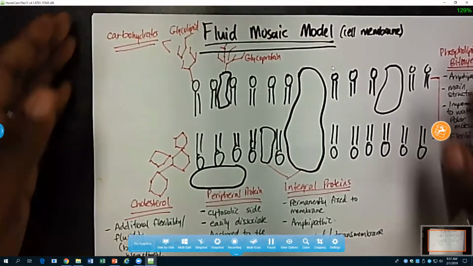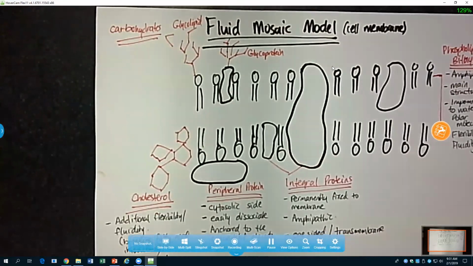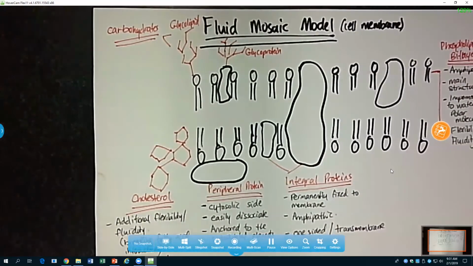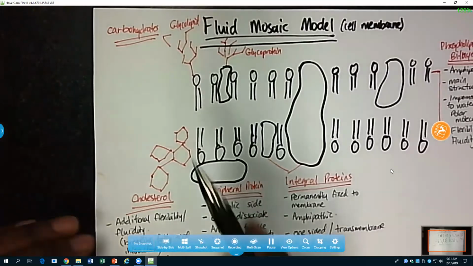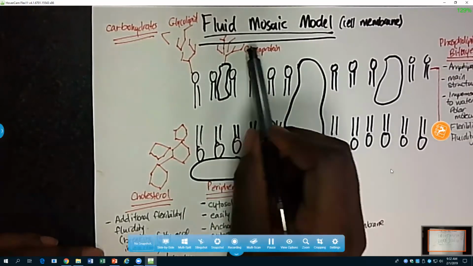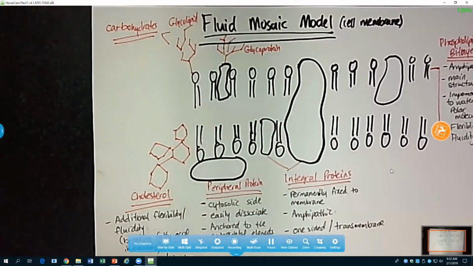Let's talk about carbohydrates lastly. Now, if you see the prefix glyco, we know that a carbohydrate is being added here. So hence glycolipid, we have a carbohydrate attached to a lipid. And glycoprotein, we have a carbohydrate attached to a protein.